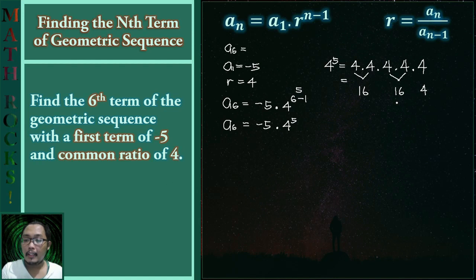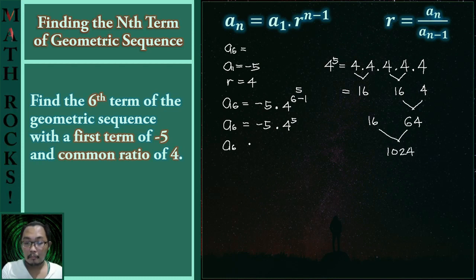Here, I would like to multiply this pair of numbers first, and that would give us 64. Now we can multiply this 16 with 64, and this gives us 1024. But we still have to multiply 1024 with negative 5. Let us use a scratch work for this.